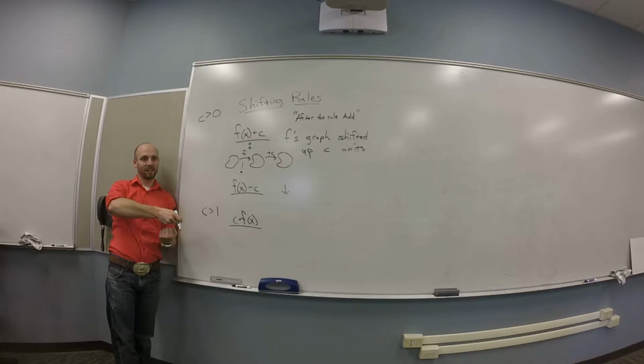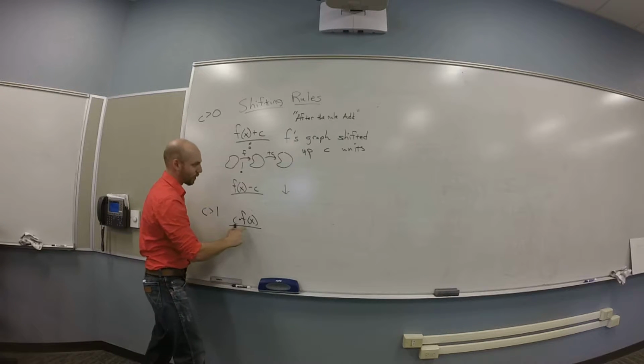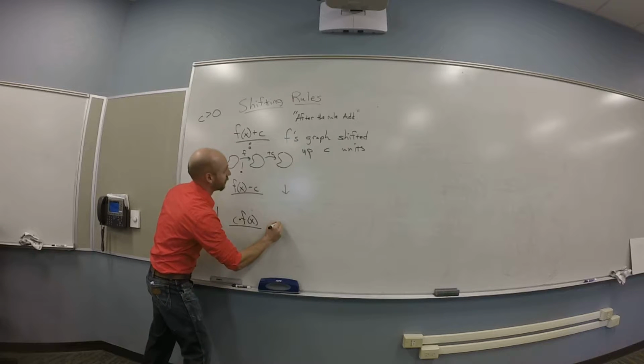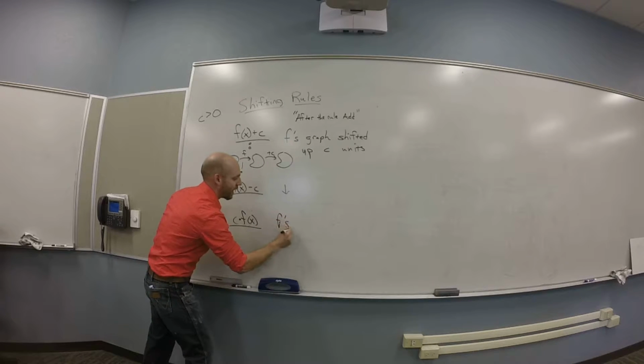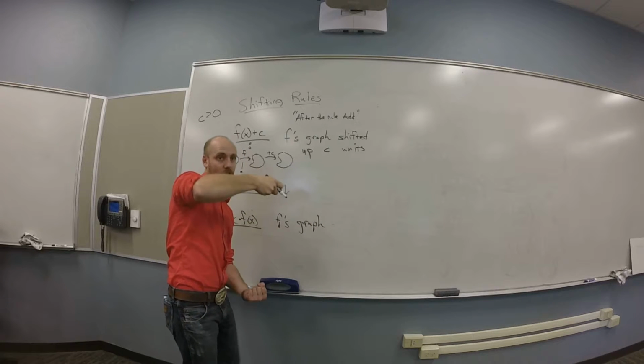You could really think about multiplying by a number smaller than 1 as a stretch by something smaller than 1, which means you should smush. I'm going to leave c bigger than 1 and call it a stretch, and I'll call the other thing a compression. So if I multiply after the rule, this is going to look like f's graph stretched vertically.